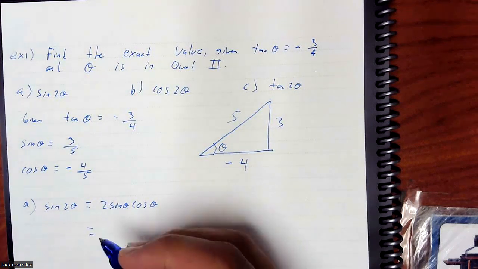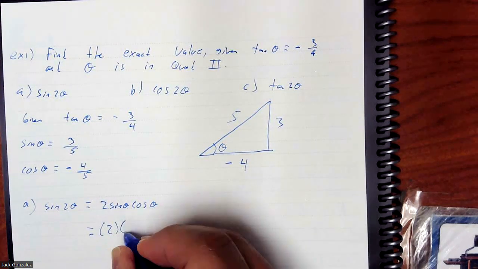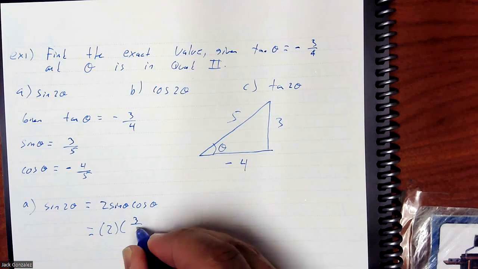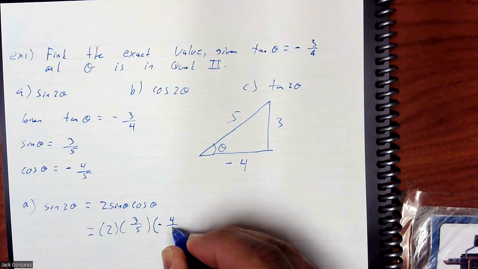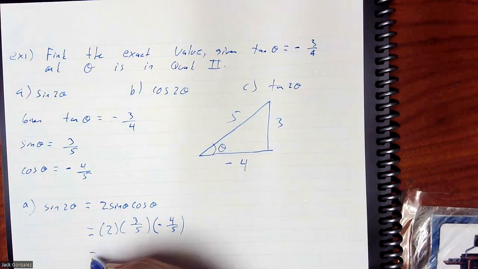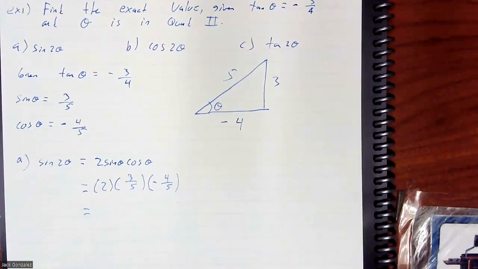So we're going to get 2 times 3/5 times negative 4/5. That makes sense? So make sure you know where the minus goes.